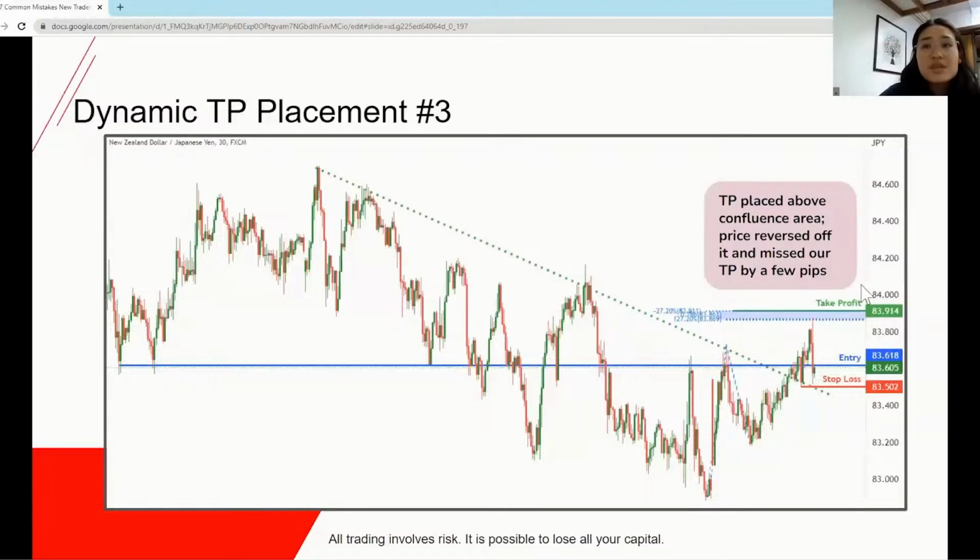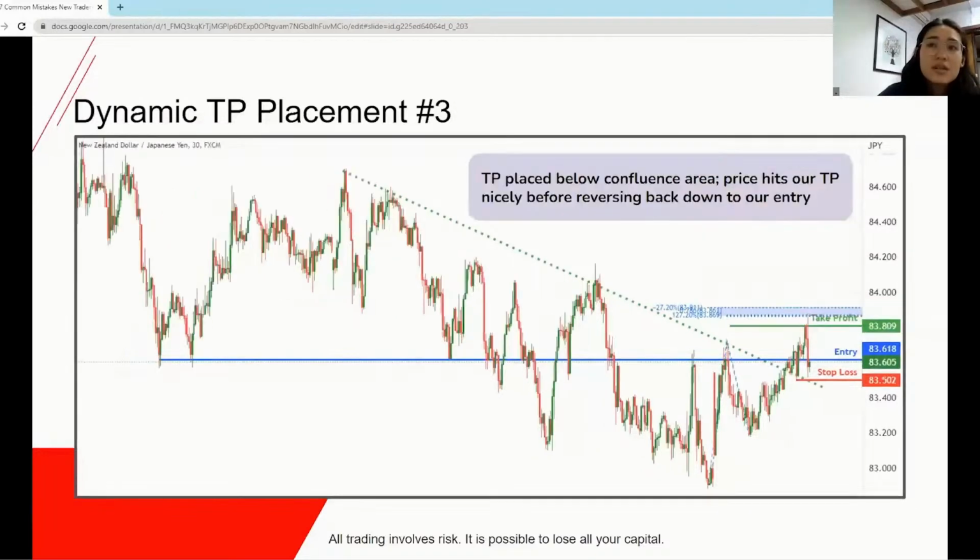You can see here, with our take profit placed above the confluence area, price reversed off of it and missed our take profit by a few pips. Instead of placing it directly here, we want to place it below so that we make sure that price really does touch our take profit. If we place it below our confluence area, price hits our take profit nicely before reversing back down to our entry.